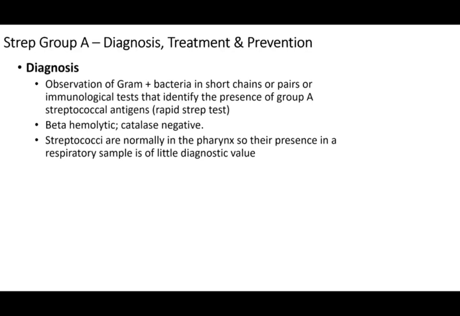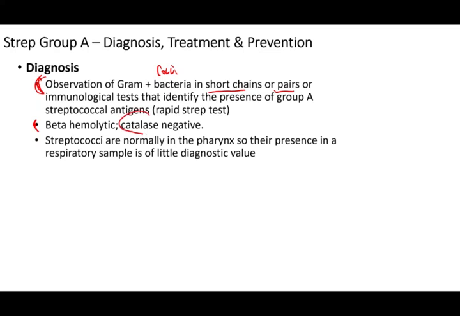So as we saw for Staphylococcus, how do we correctly diagnose this? You can use similar techniques, such as a microscopic approach. These are, again, gram-positive cocci, but they're going to be in short chains or pairs. In terms of culture-based methods, we talked about on a blood agar plate, seeing that beta hemolytic pattern is pretty important.